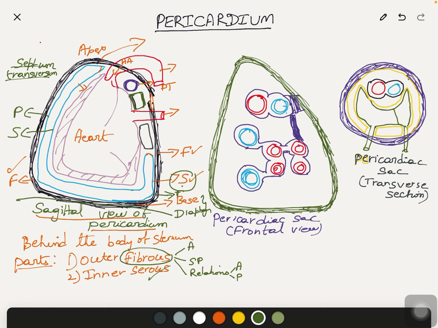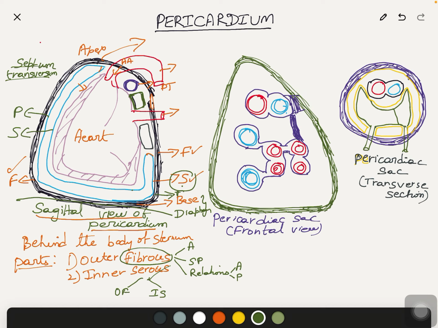Between these 2 layers, this potential sac contains a capillary layer of fluid which is sufficient to allow the free movement of the heart within the fibrous pericardium. So that is the pericardial cavity. Now we will see the two layers in detail.